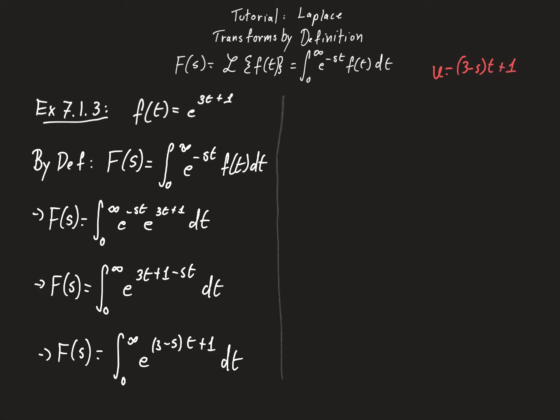This would mean that du is going to be the derivative of this, which is just going to be 3 minus s, in parentheses, with dt, of course. Meaning in turn that dt is equal to 1 over 3 minus s times du.